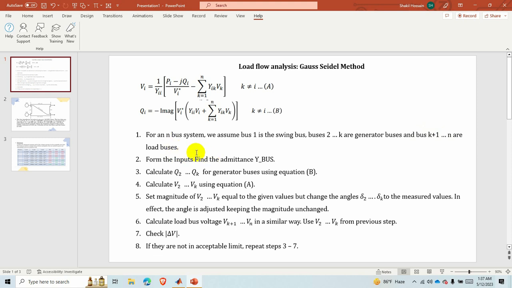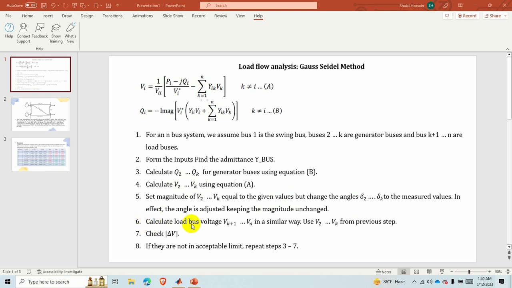From the inputs we will find the admittance Y bus, and after that we will calculate Q2 to Qk for the generator buses using equation B, and we will calculate V2 to Vk using equation A. We will set the magnitude of V2 to Vk to the given value, but we will change the angle from the measured value.